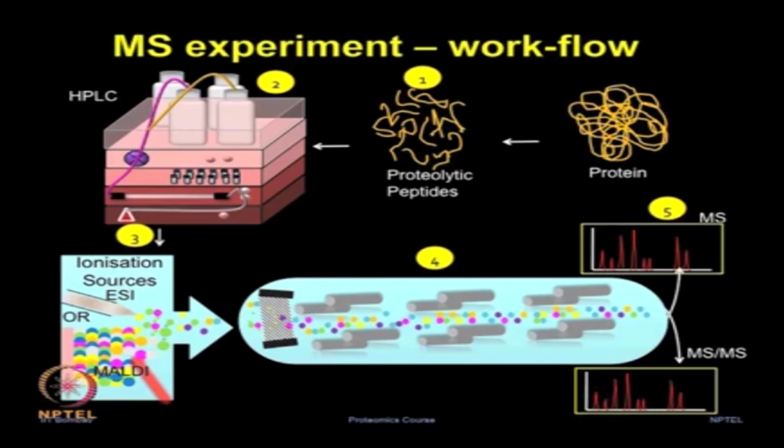These fractions are subjected to an electrical potential which results in a spray formation. In ESI, or electrospray ionization, it leads to desolvation and ionization of peptides. The mass to charge ratio is measured in the mass analyzer, which is shown in step 4.